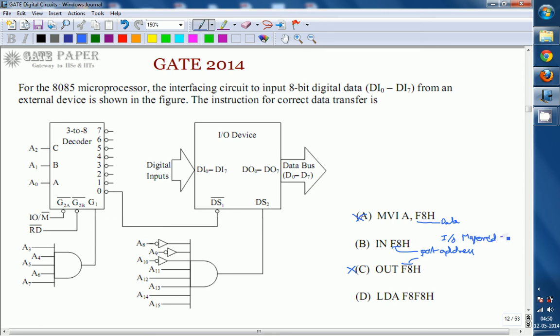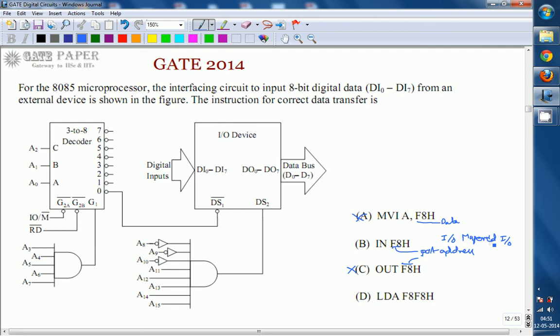I/O mapped I/O is also called peripheral mapped I/O. The instructions IN or OUT are used for data transfer between the microprocessor and the peripherals, and the peripheral device is identified with an 8-bit address.